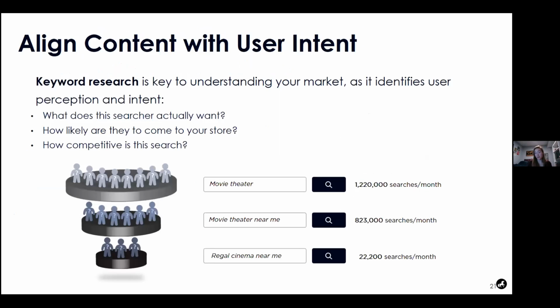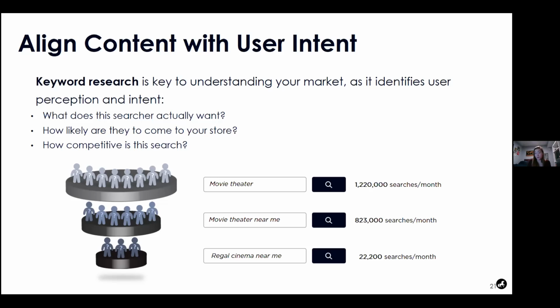And kind of going back to the intent that we talked about up front, keyword research is basically what you use to understand your market and know what the searcher actually wants. In this example, there are 1.2 million people that search for a movie theater. So if I have a movie theater, that's probably a bit aggressive for me to compete on. But maybe I want to drive people into the movie theater. So maybe I want to optimize a bit more for movie theater near me, which still has a ton of people searching for it, but 800,000 is a lot more approachable than 1.2 million.